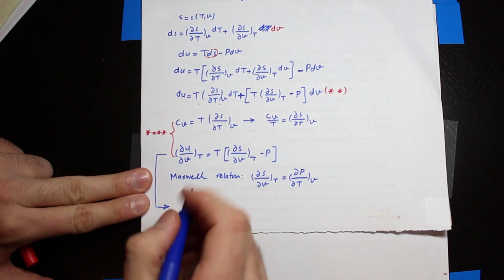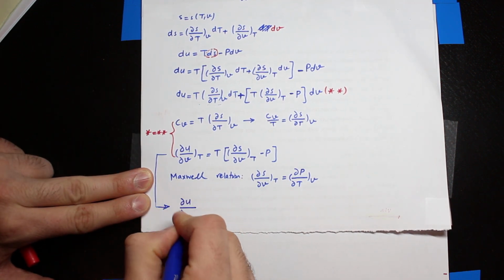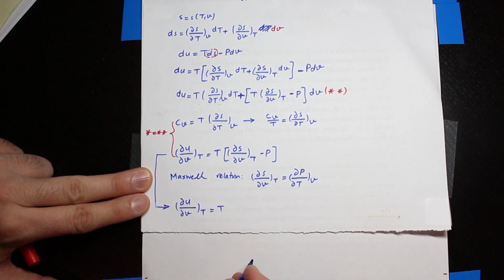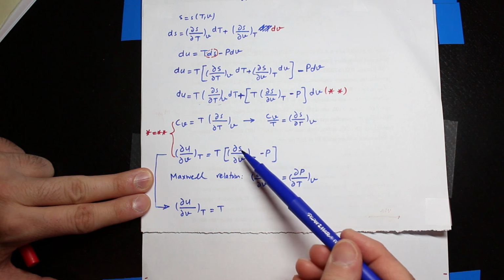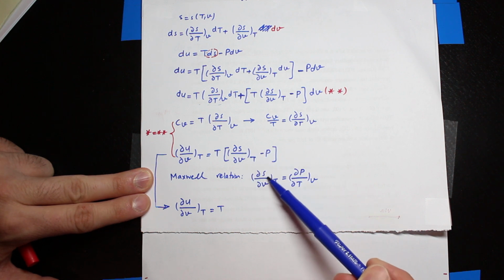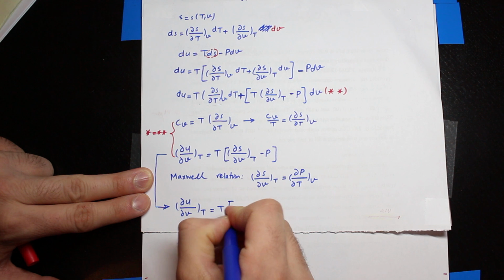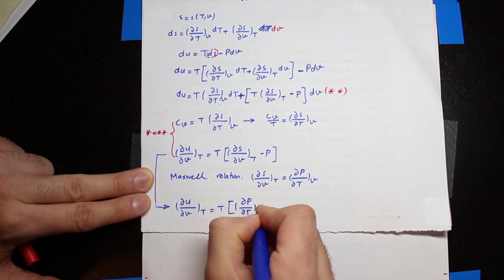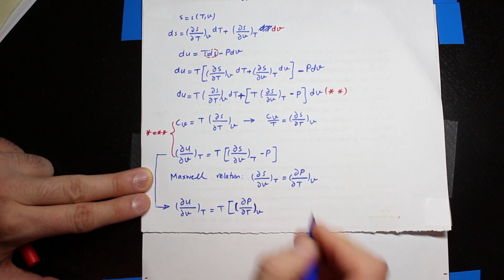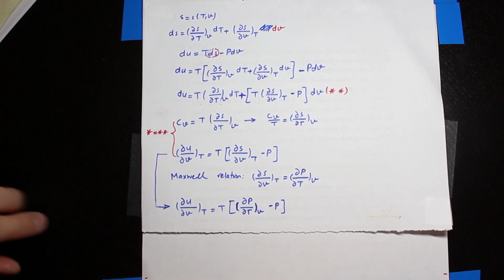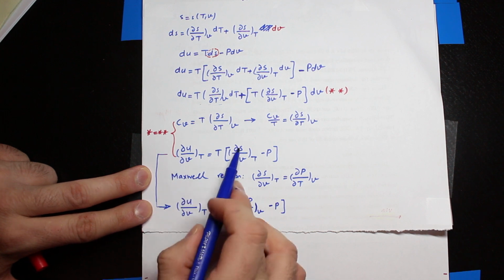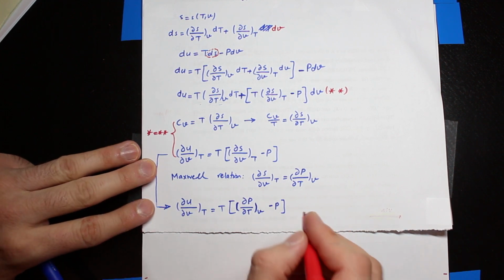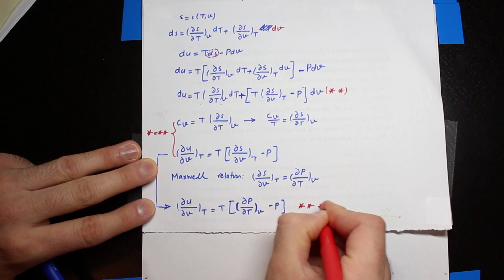Then partial U partial V when temperature is constant is equal to T, and instead of partial S partial V for constant temperature, I write partial P partial T when volume is constant, minus P. So this is basically rewriting it based on the Maxwell correlation. Let me call this correlation 3 star.